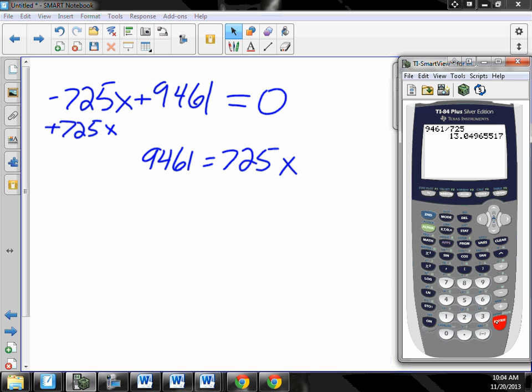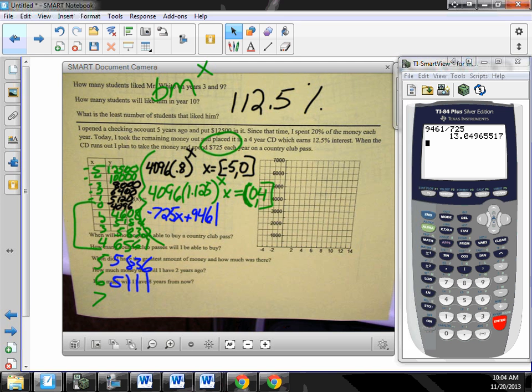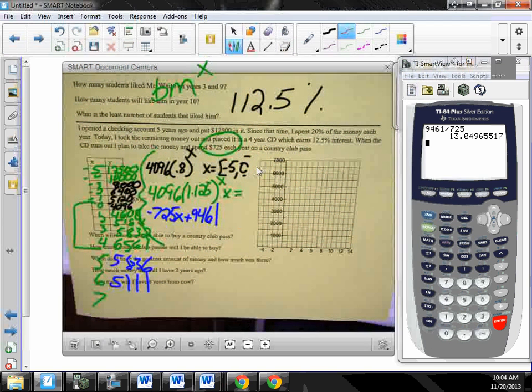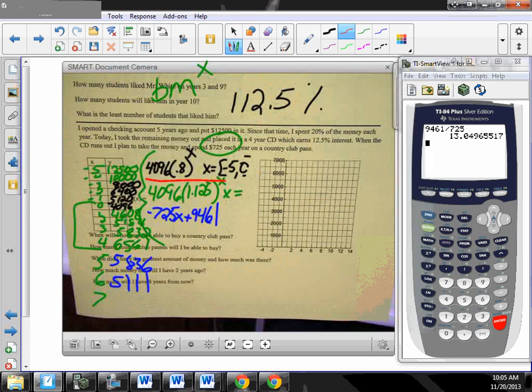So, does 13 count or not? Well, let's look at the graph. If I were to graph this, the first part of the graph is going to look like this.